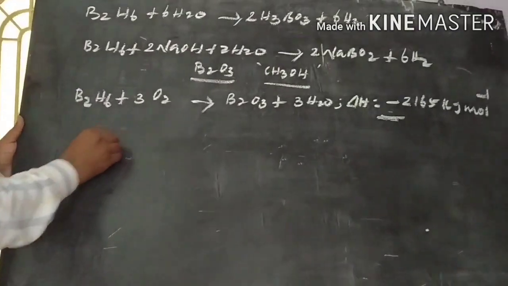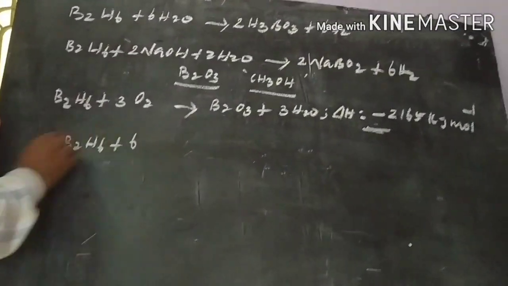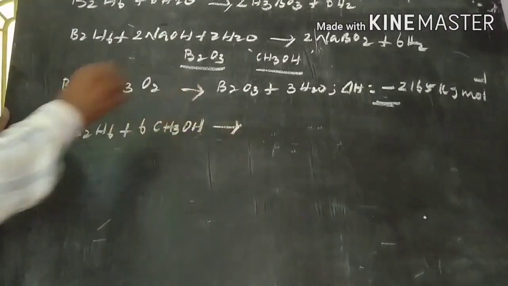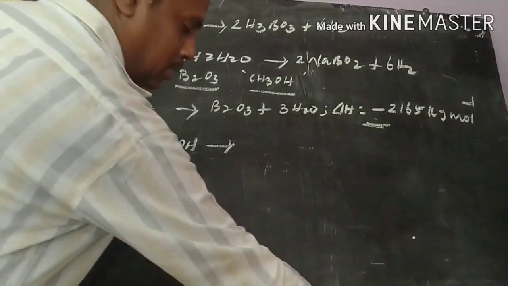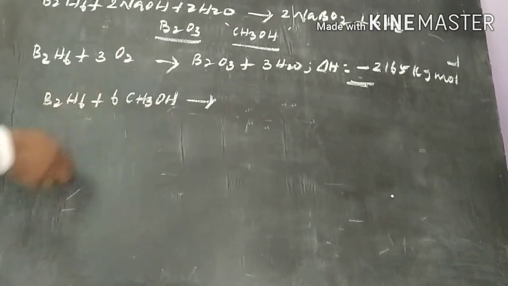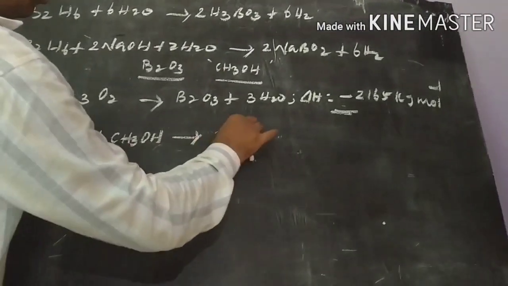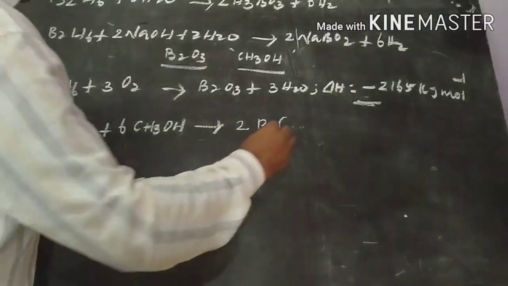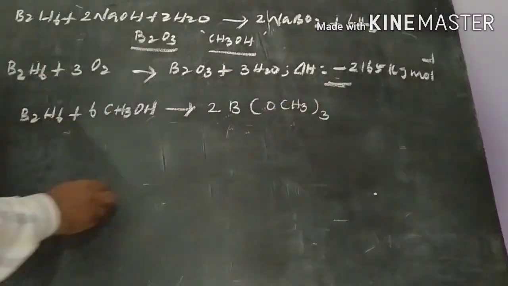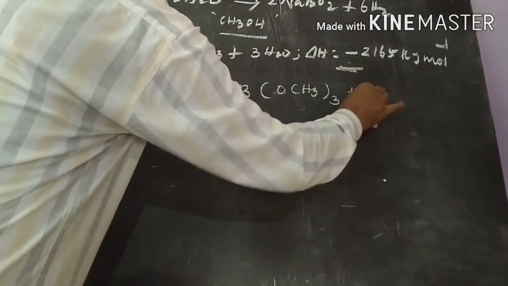So B2H6, diborane, with 6 moles of methyl alcohol, CH3OH, or methanol, gives trimethyl borate, B(OCH3)3, plus 6H2.